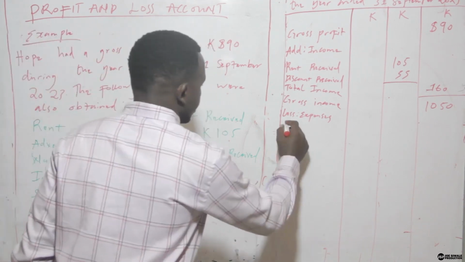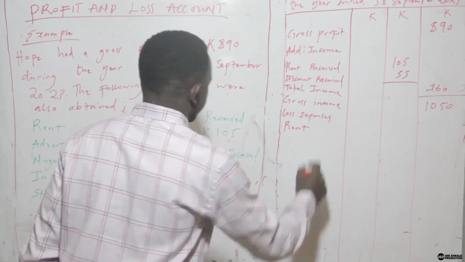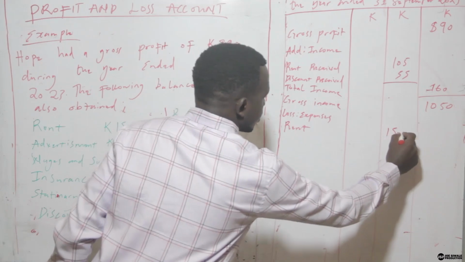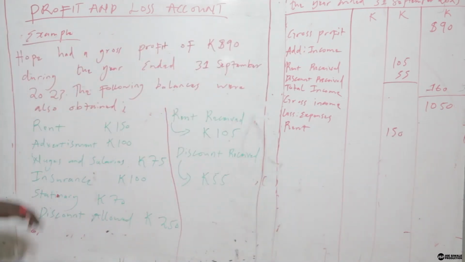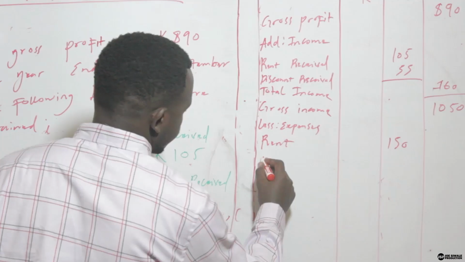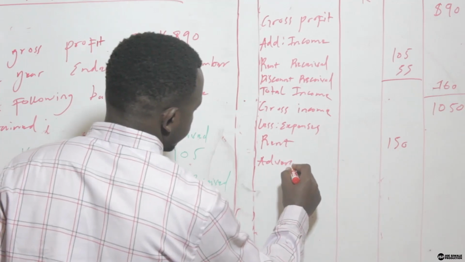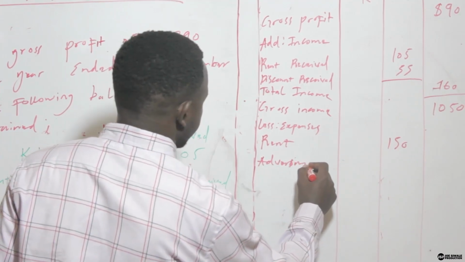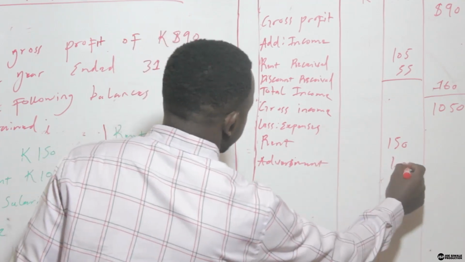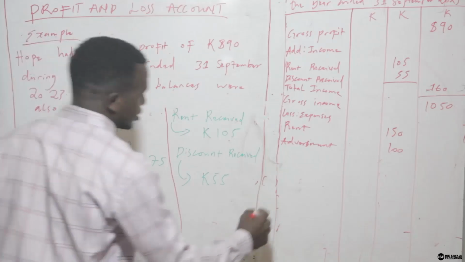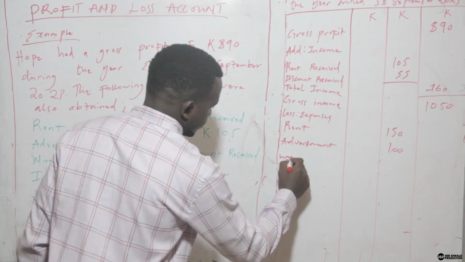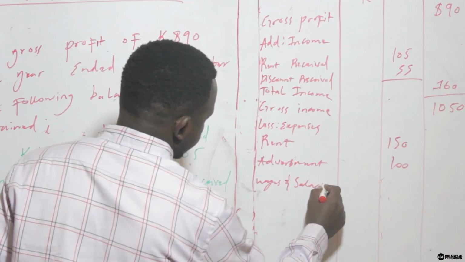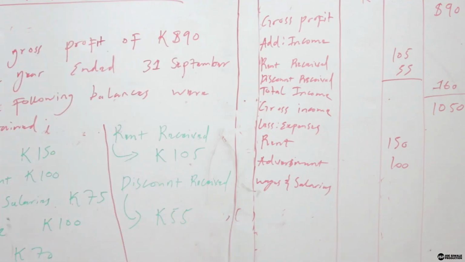So we're going to say rent. Rent, we had 150. Then advertisement, 100. Then wages and salaries, amounting to 75.